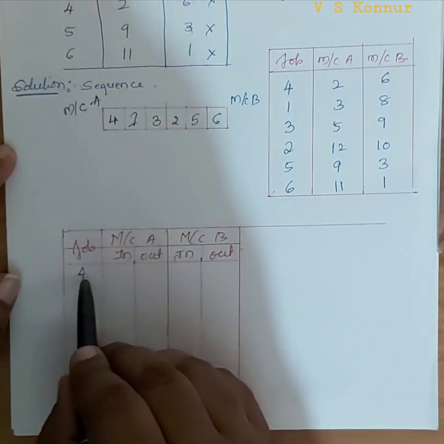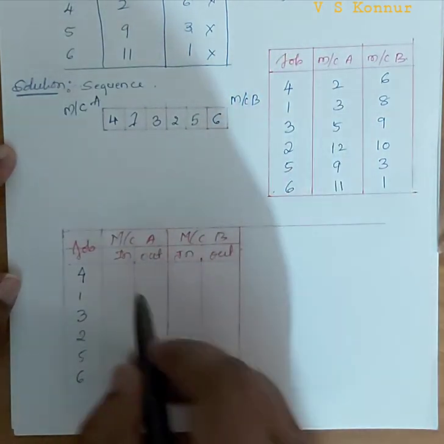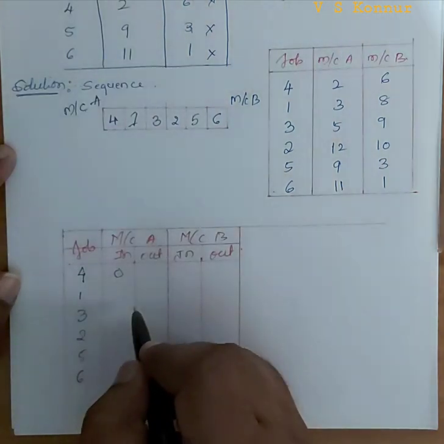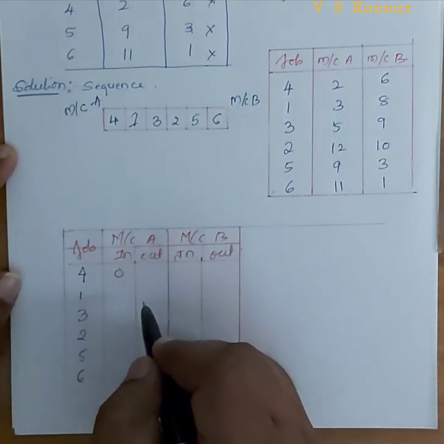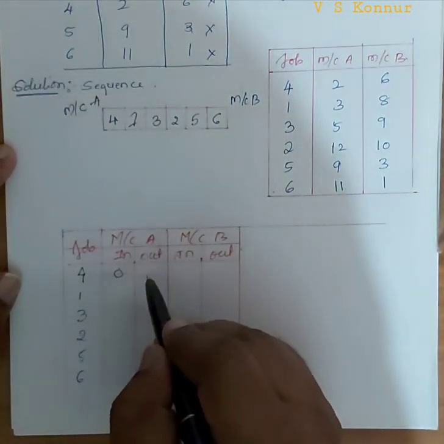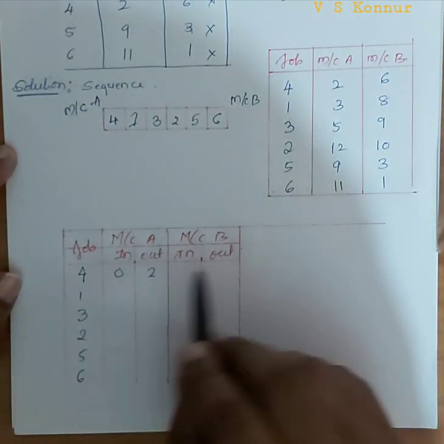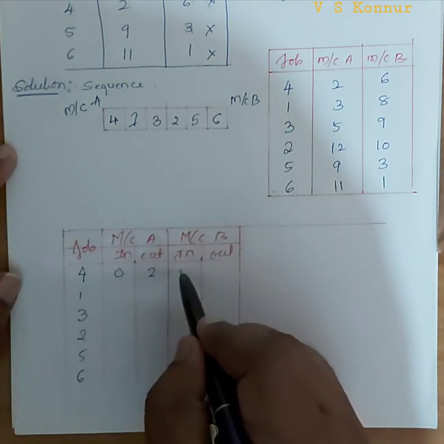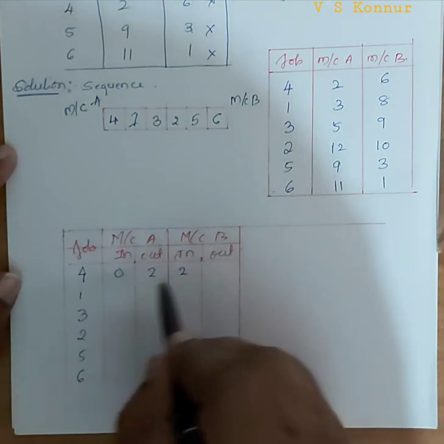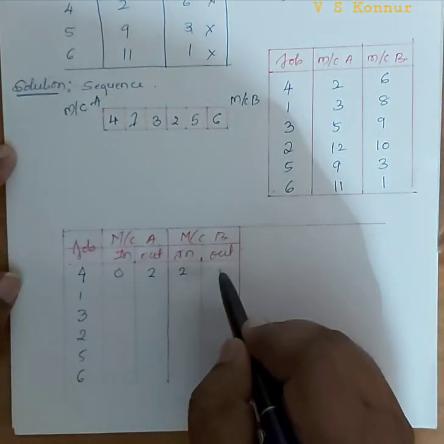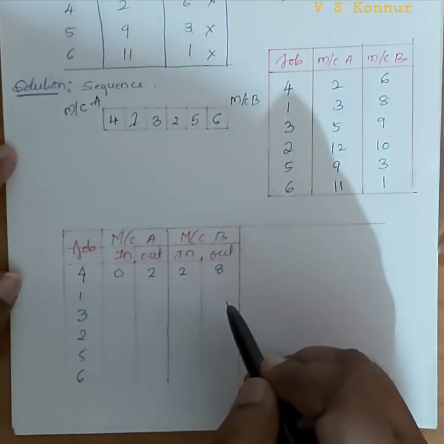So the 4th job is entering machine A at 0 time, it requires 2 hours to complete. It enters machine B at the second hour, and requires 6 hours to complete. 2 plus 6, 8.